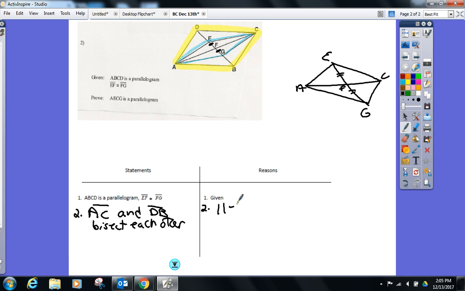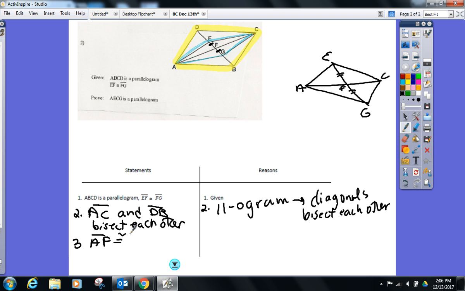It's not saying that the two little segments are equal. So parallelogram implies diagonals bisect each other. Now that you know they bisect each other, you can say AF is congruent to FC.